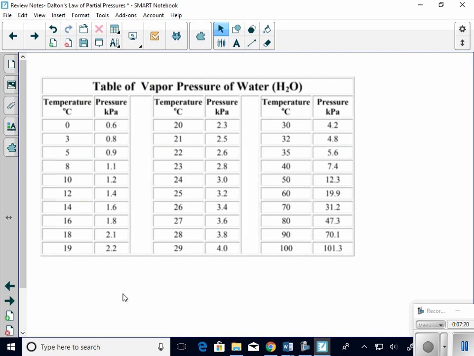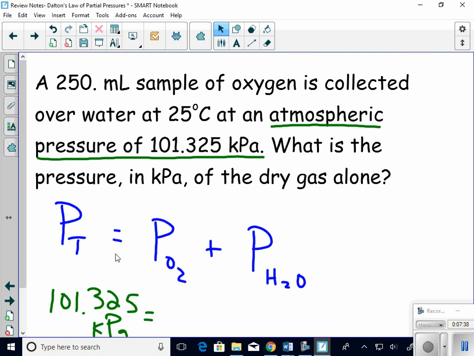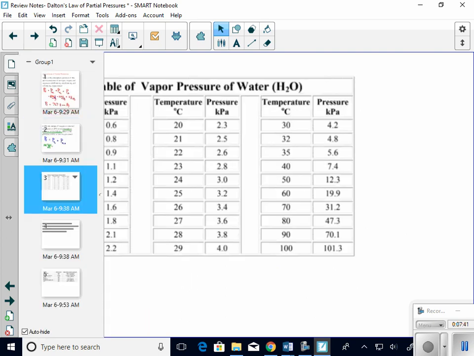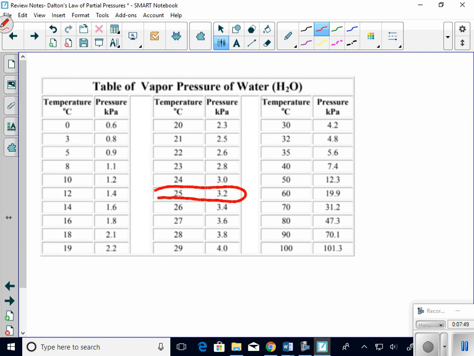So, if I know what temperature the water is at, in this case, the water was at what temperature? 25 degrees Celsius. Can I read this chart and find the partial pressure of water at 25 degrees Celsius? Sure I can, and that number is 3.2, and my label?